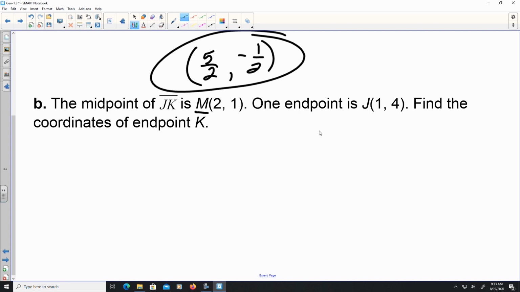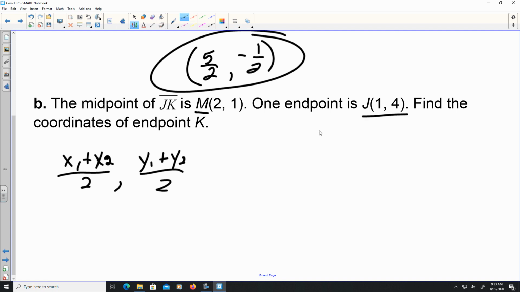What I like to do is write out the formula for midpoint. So it's going to be x1 plus x2 divided by 2, comma, y1 plus y2 all divided by 2. What you have to do is pick one of the endpoints and call it either x1 or y1, or x2 or y2.